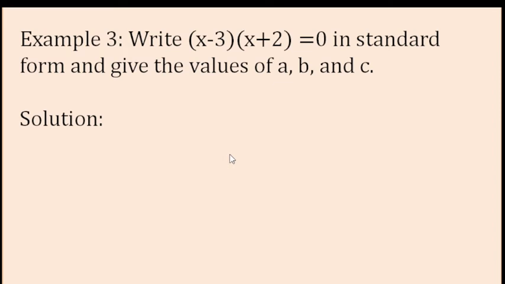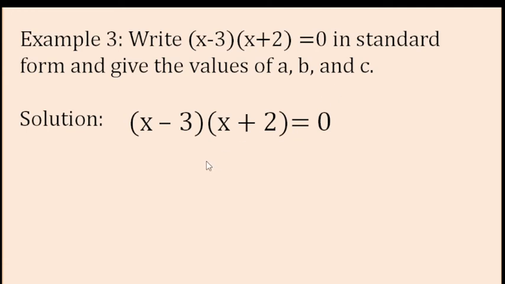Now, example number 3. Write the quantity x minus 3 times the quantity x plus 2 equals 0 in standard form and give the values of a, b, and c. Actually, we can remove the parentheses by multiplying the two binomials. And in multiplying the two binomials, we can use the FOIL method.